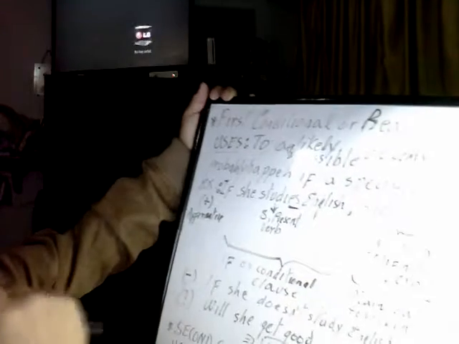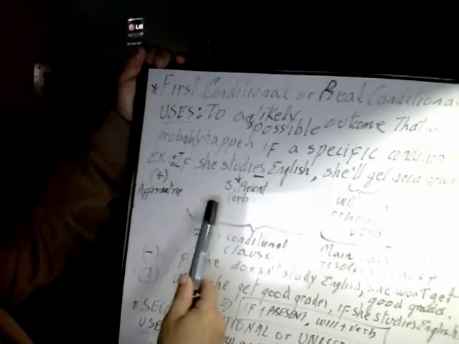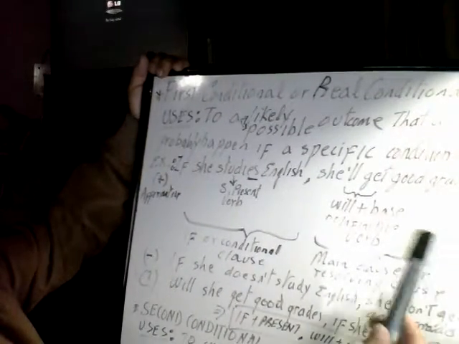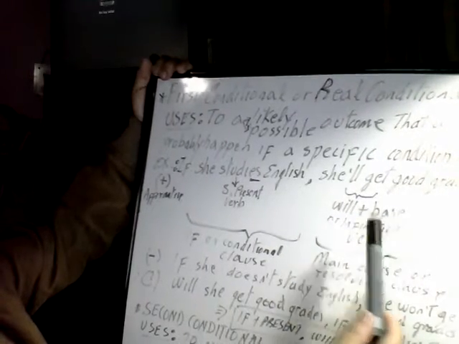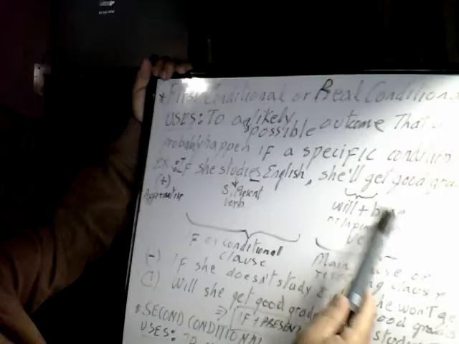We can see that this conditional is composed of two clauses. In this example: if she studies English, she will get good grades. This is the first clause, the if clause, and this is the second clause, or main clause, or resulting clause, where you find will plus the base verb.